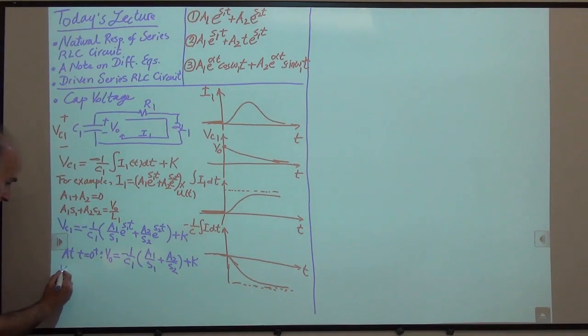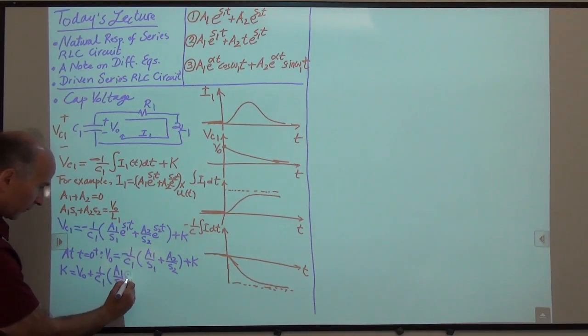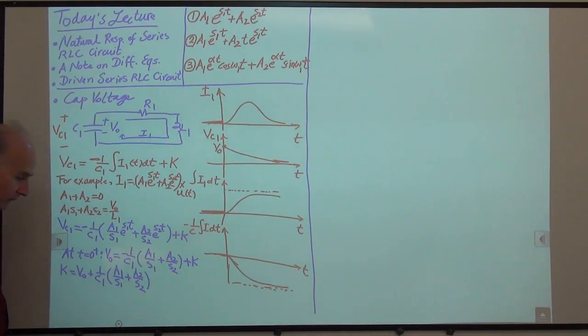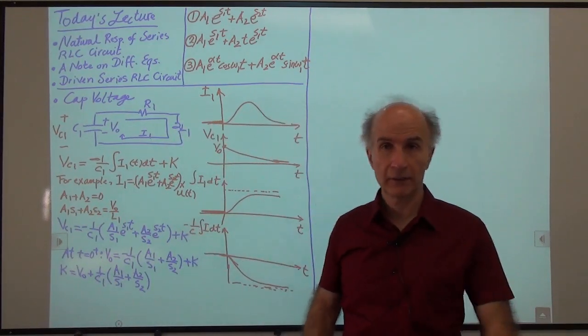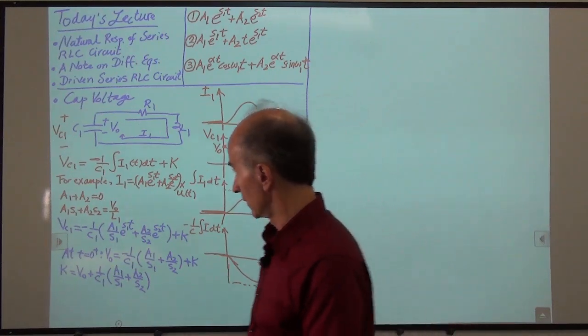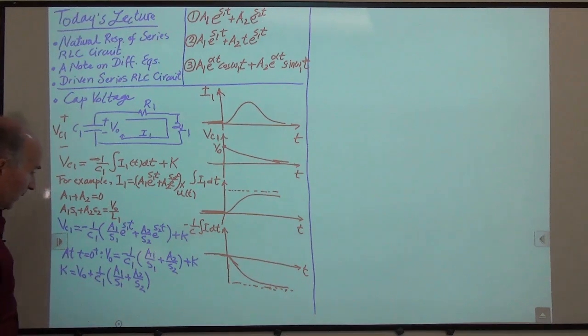So k is equal to V0 plus 1 over C1, A1 over S1 plus A2 over S2. All right, and now I can write VC1 as a nice function of time. I just have to replace k with this one here.